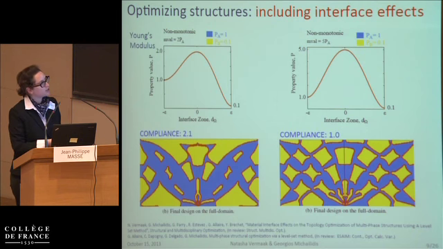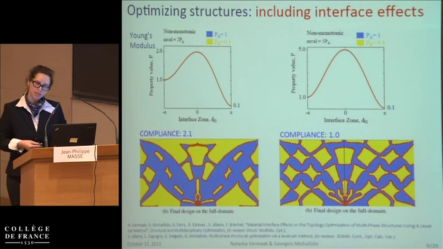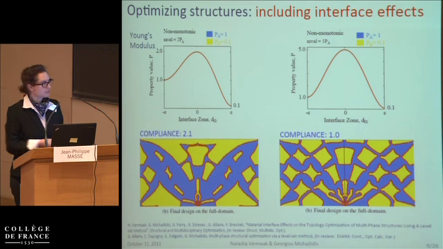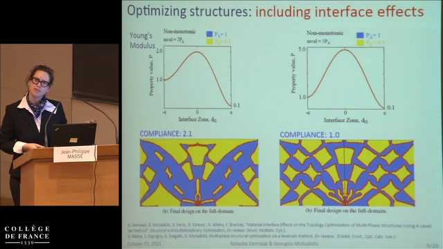So again, we've pushed this trend just to see what happens, and you see the influence of the interface. It has allowed us to go from a non-dimensional compliance of 3 in the normal standard case to a 1. So there are significant benefits here in just this very simple example.